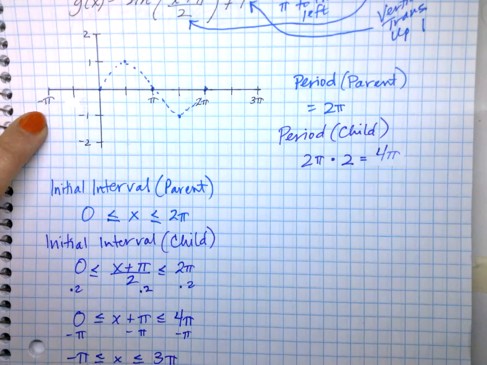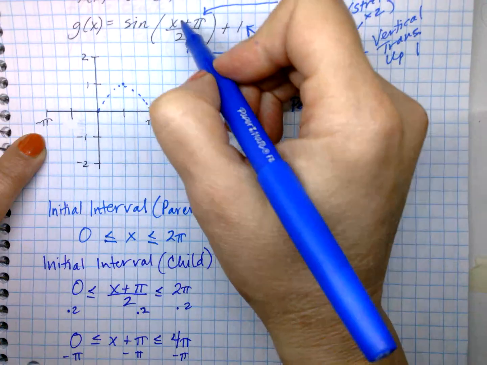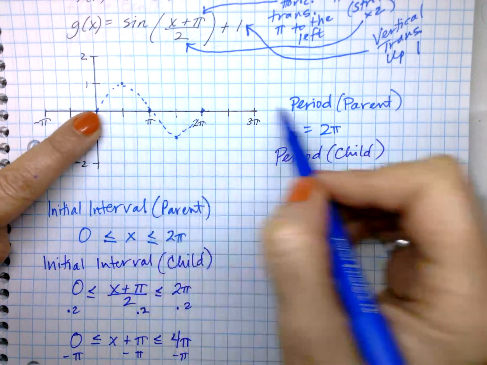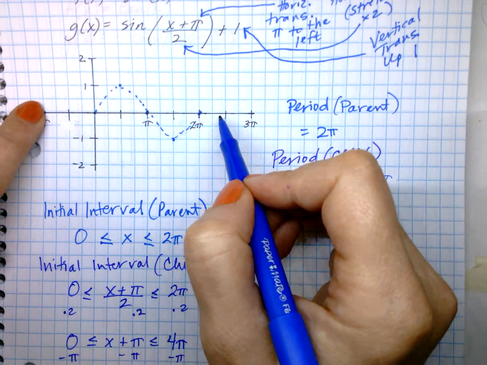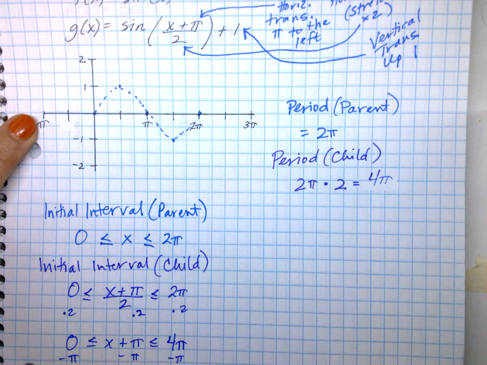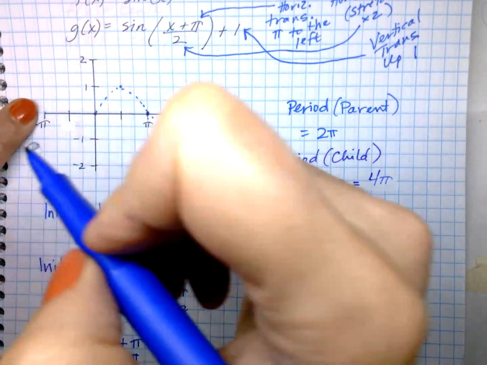And the reason that it ends up from negative pi to 3 pi is because we not only stretched it, but we also moved the entire graph pi units to the left. So that's why it ends up stretching and then sliding over. So our starting point for the graph of the child function would be back here at negative pi instead.